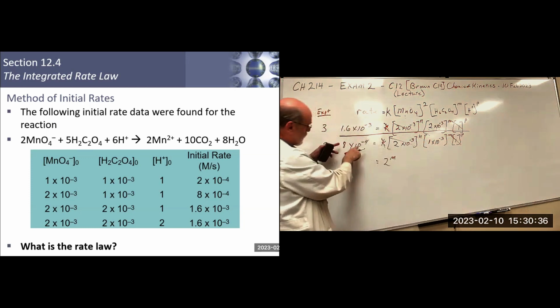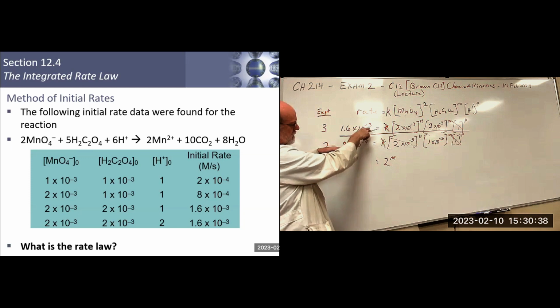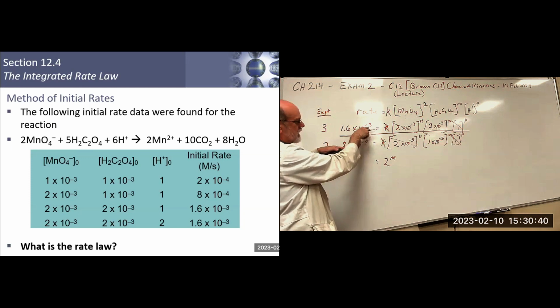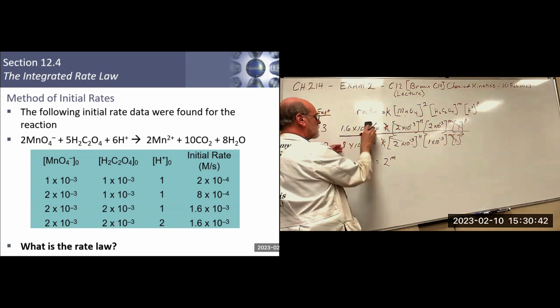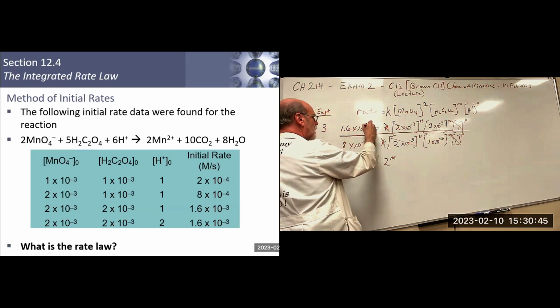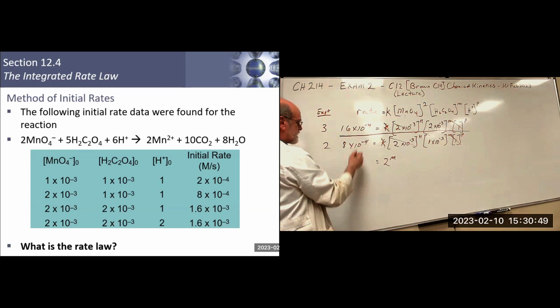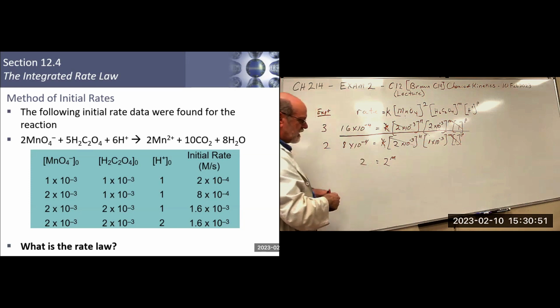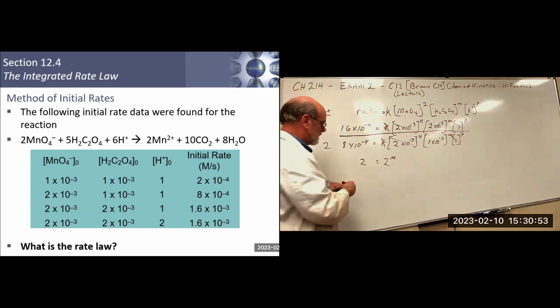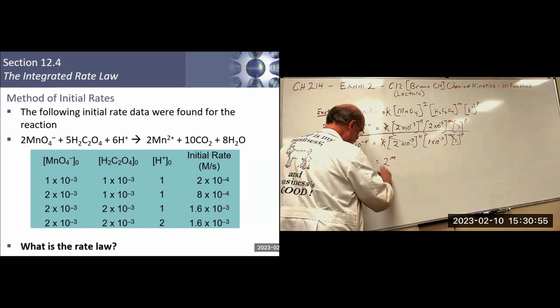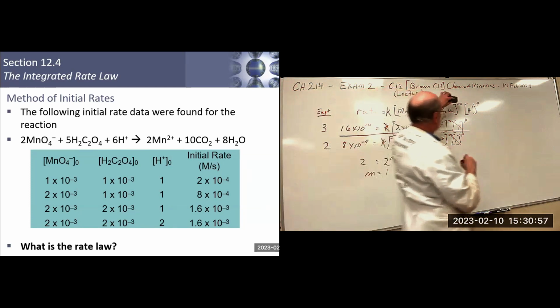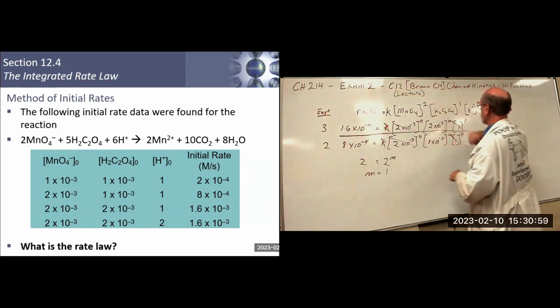And this term over here, notice the difference here, minus 4 and minus 3. If we make this one minus 4, that makes this one 16. So 8 into 16 is 2. So 2 to what power is 2? m equals 1. So now we can say 1 is here.